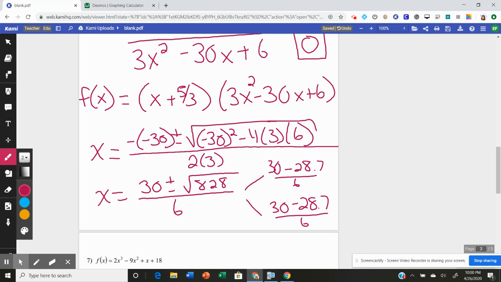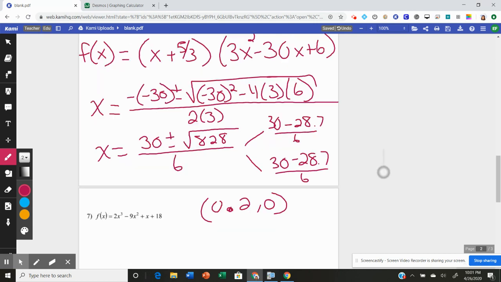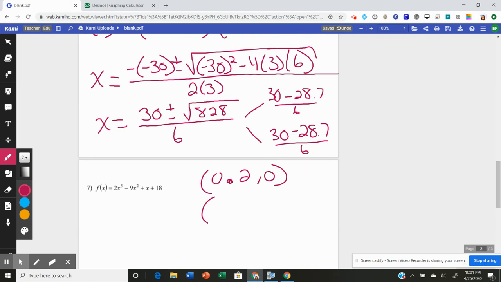Looks like the first one comes out to be about 0.2. So 0.2 comma 0 is one of our zeros. If I do 30 subtract the 28.7 and divide that by 6, I get approximately... one of them's going to be a plus.